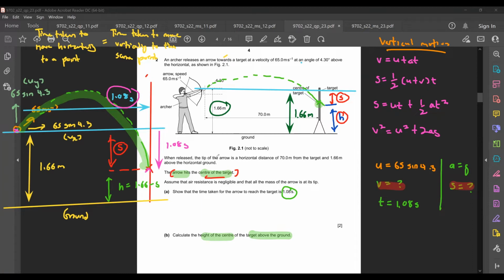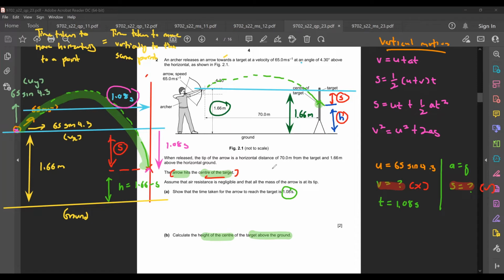So the key here is to always get rid of the unknown variable that you do not want. The displacement is something that you do not know and want to find out, whereas the final velocity is something you do not know, but you do not even want to know what it is. So this is an unwanted variable. When you choose your kinematics equations, you generally just disregard the equations with the unwanted variable.